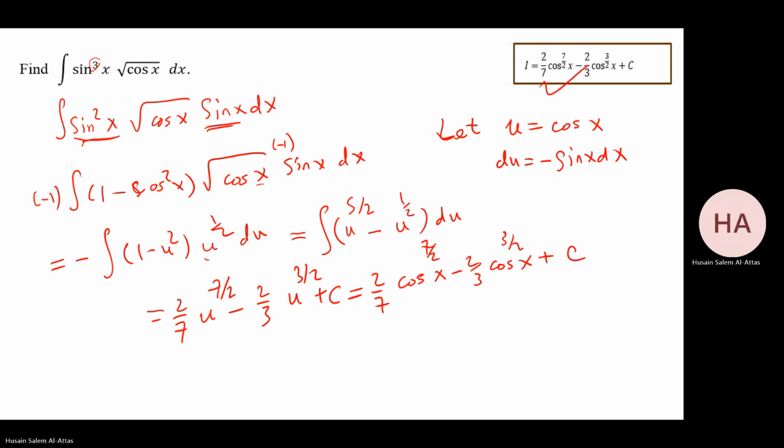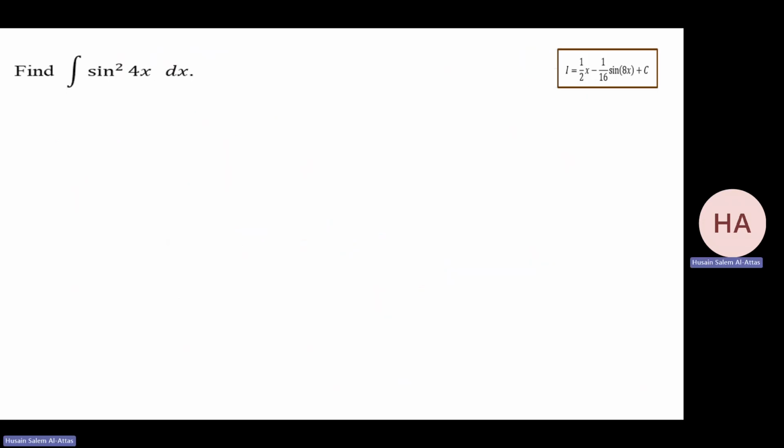What is this? Sine square 4x. Yeah, I need to change it into double angle. So that will be half minus half cosine 8x dx. I know that sine square x is half minus half cosine 2x.